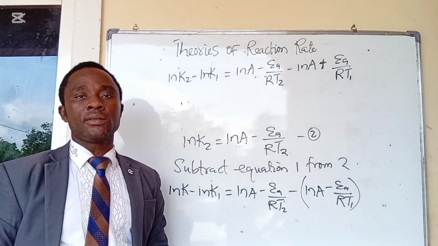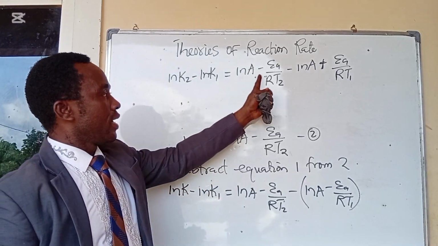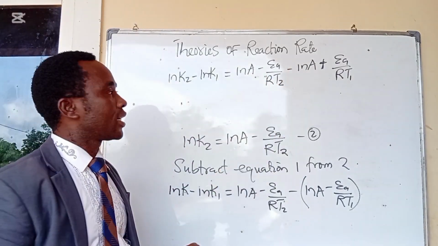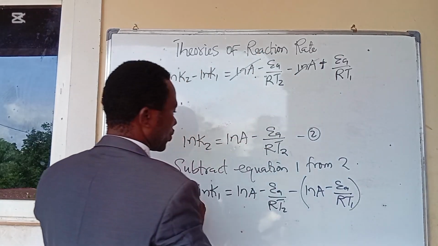Now, is there anything that can cancel out? Yes. ln A and ln A, one is positive while the other is negative, so they will fizzle out. So we cancel this out.